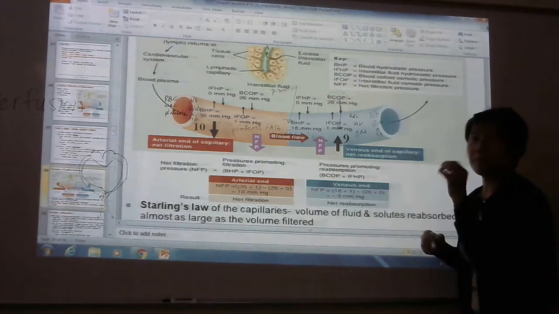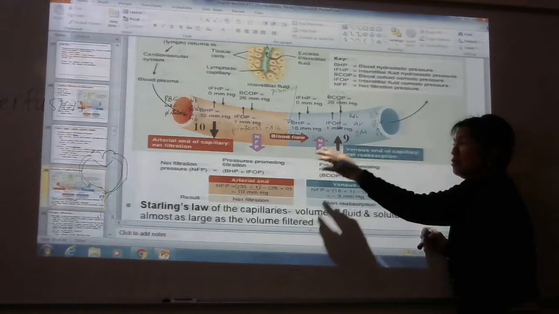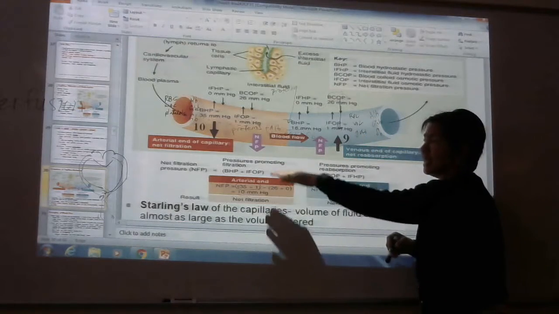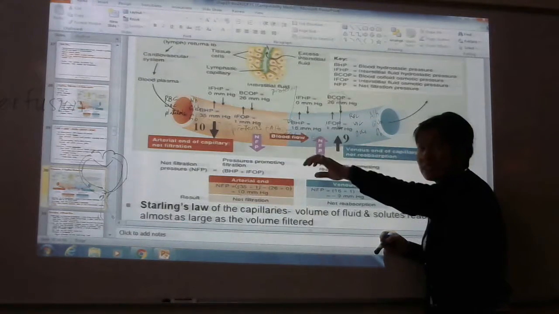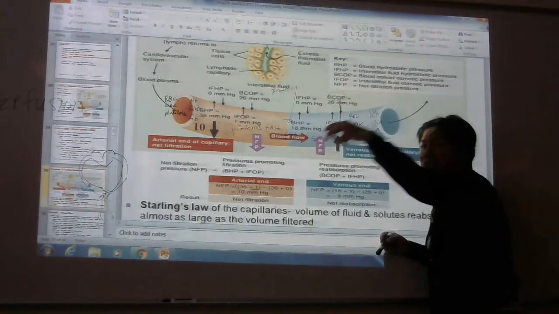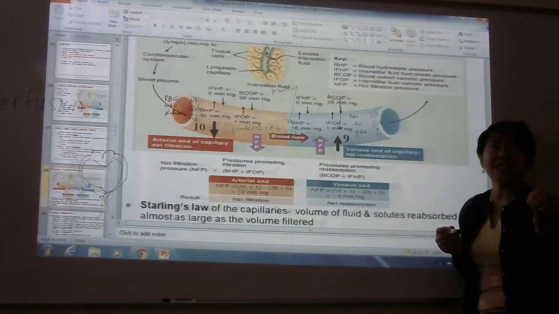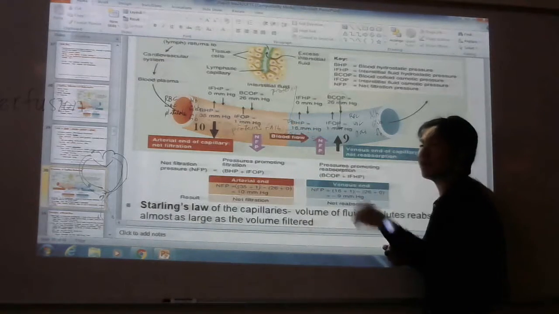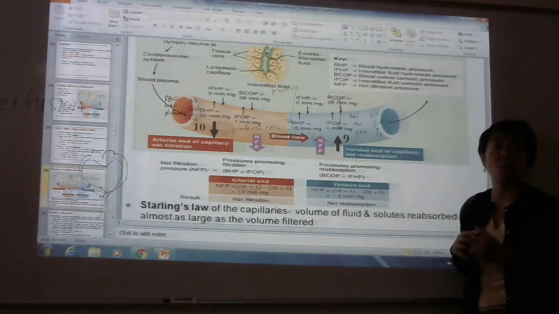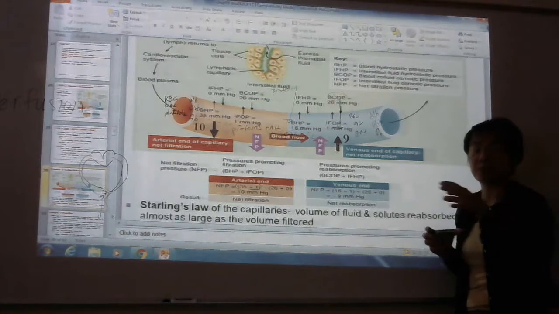And it's very important because this albumin is the key. You notice here at the arterial end, you needed a positive pressure to push all your substances, your vitamins, your minerals, your nutrients. But the main ingredient that you pushed out of your cardiovascular system is water, which is the key for maintaining blood pressure.